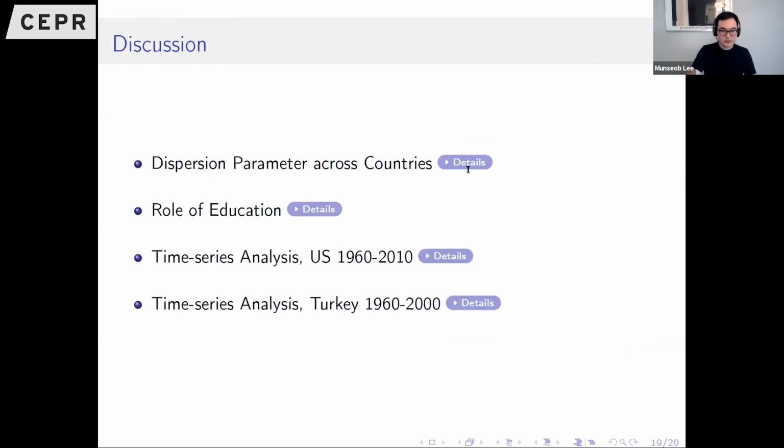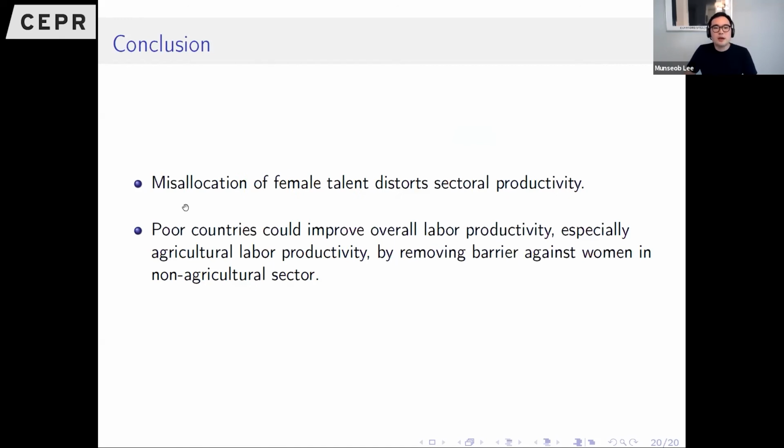Let me conclude. I showed a potential channel to explain the agricultural productivity gap, which is the misallocation of female talent, distorting the sectoral productivity. My message here is that poor countries could improve the overall labor productivity, especially the agricultural labor productivity, by removing the barrier against women in the non-agricultural sector.